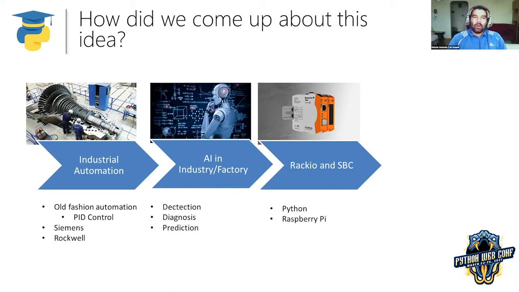At first, we were using MATLAB and LabVIEW. We were using MATLAB to train our models to detect misbehavior or malfunctioning in data from the industry, from the factory floor. And we were migrating this model from MATLAB into LabVIEW in order to make this online, already connected with the industry.